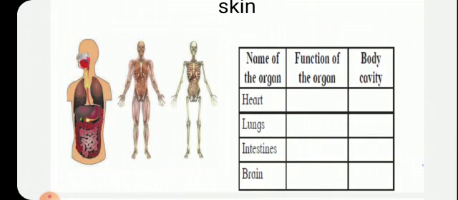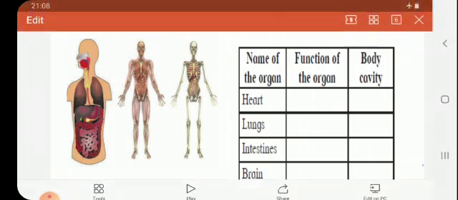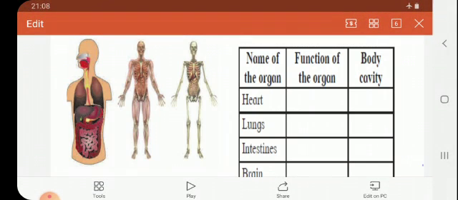Okay. So, the very important organ is the heart. What is the function of the organ and where is it present? So, function of the organ heart, what does it do? It pumps the blood. Heart beats continuously and supplies the blood.